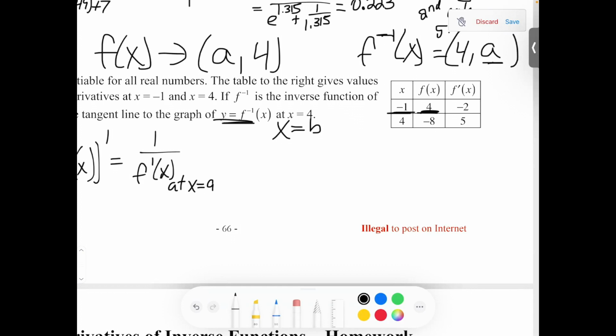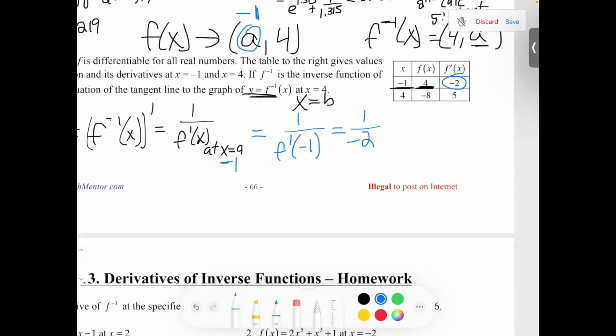The x value would be -1. So if we go back up here, this a right here would actually be -1. So what we're actually looking at is 1 over f prime of -1. And f prime of -1 is -2. So we're looking at 1 over -2. So that would be the slope of the tangent line of the inverse at x equals 4.